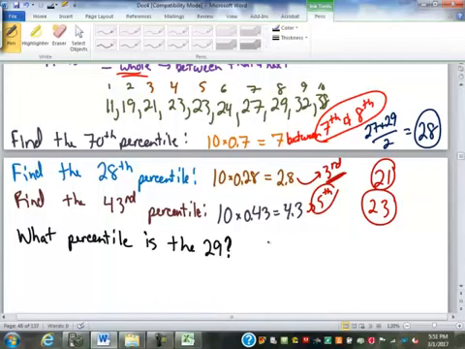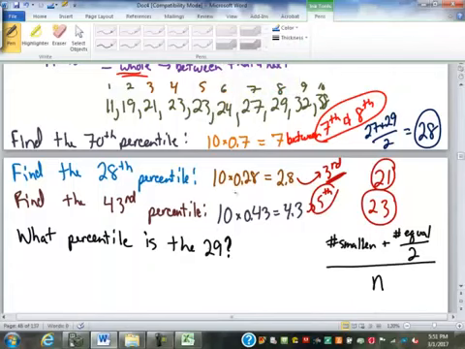The formula for this is the number that are smaller plus the number that are equal divided by 2, all over n, the total number that are there.